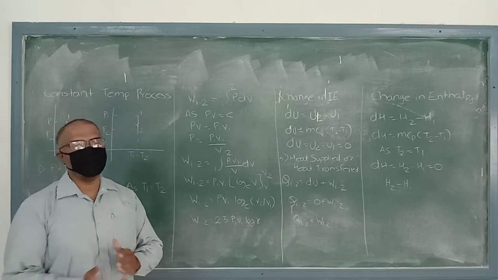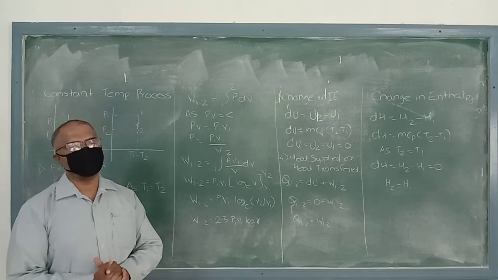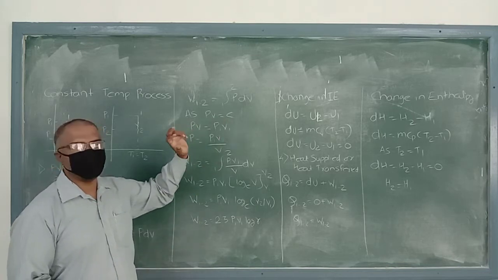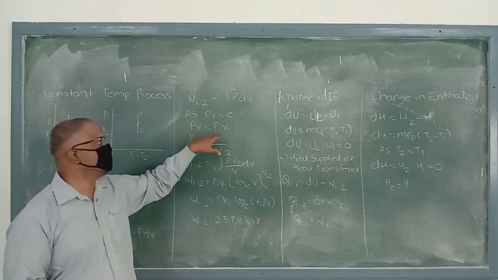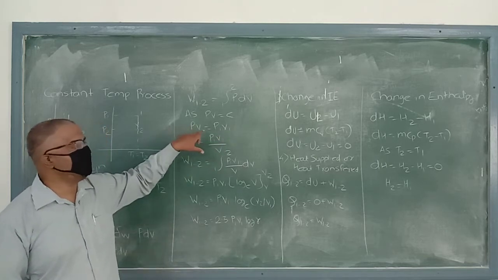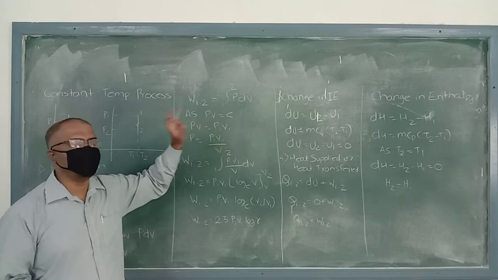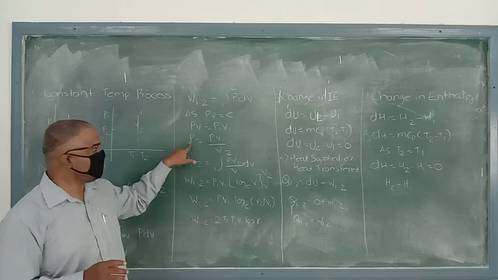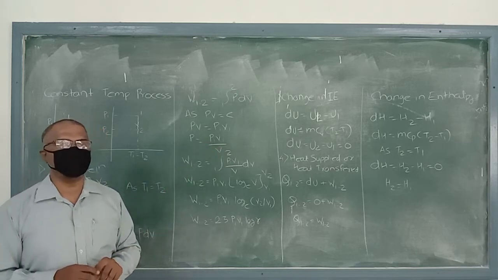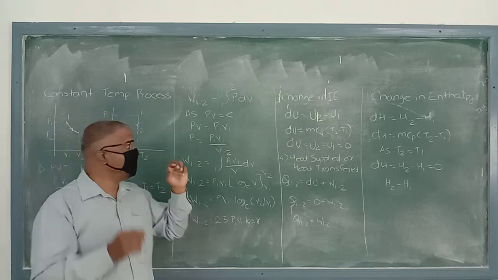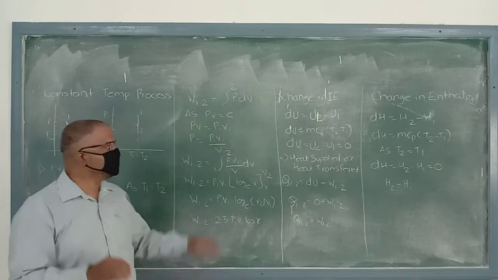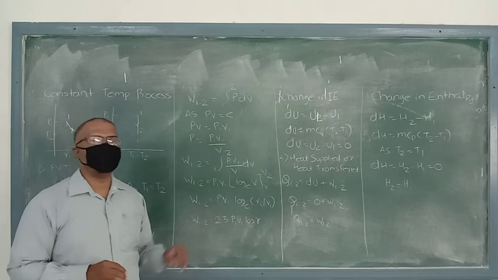Now as we know P1 V1 is equal to P2 V2, PV is equal to constant, or PV is equal to P1 V1.